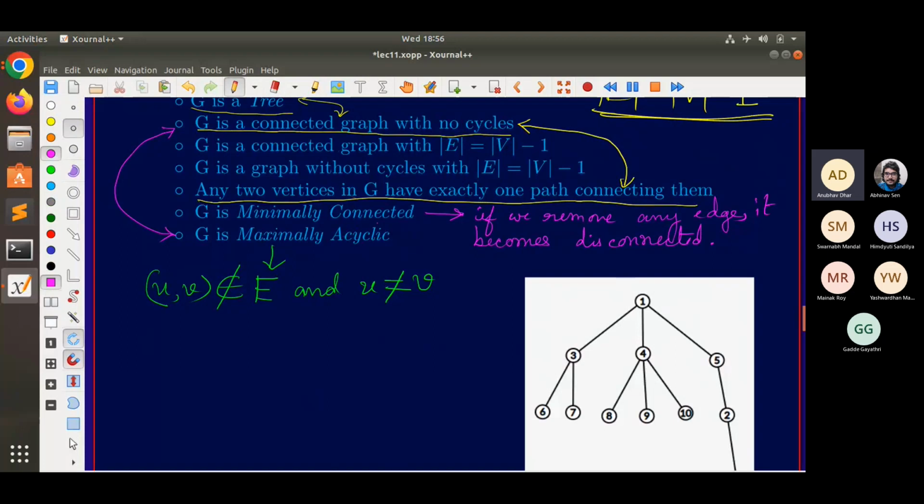And now you just assume that, well, if this was not connected in the first place, then you can add another edge connecting two separate connected components, and the graph still remains acyclic. So it's not maximally acyclic.